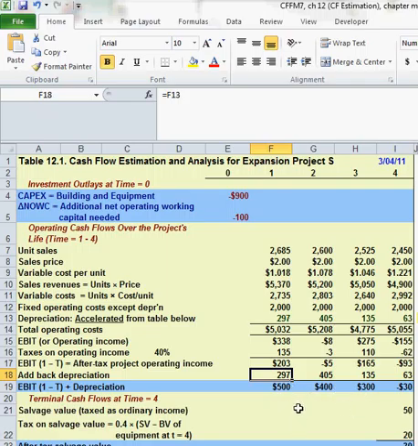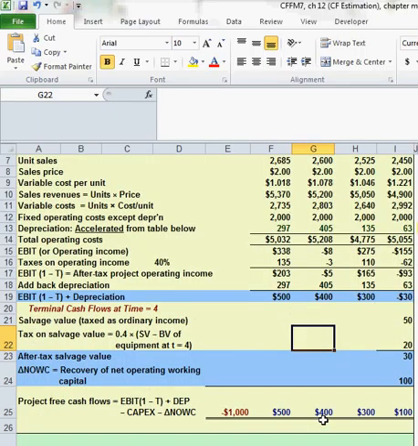The next thing that we have to do is calculate any kinds of additional cash flow that's going to happen, particularly at the end of the project. And so we have salvage value. In this case, it's given as 50. And then the taxes on that. So this was given as someone would purchase our $900 worth of building and equipment for $50.